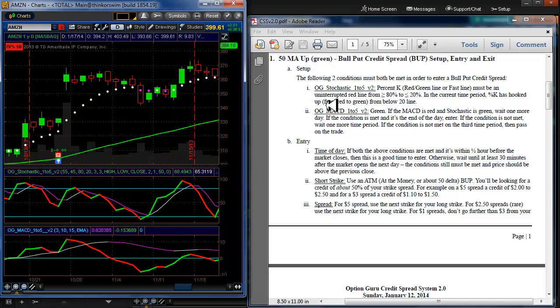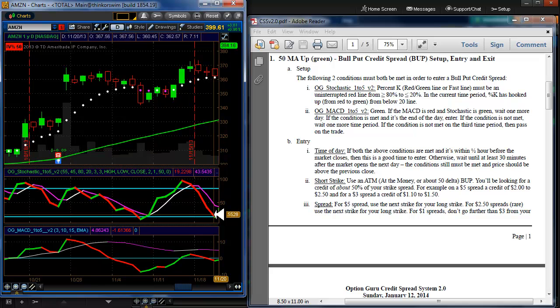We have a %K red-green line, or the fast line, on the stochastic, which must be an uninterrupted red line from greater than 80 to less than 20. So here we are, greater than 80, and it's coming down, and it is less than 20. This little box up here tells you what the value is, and it's 19.2298.